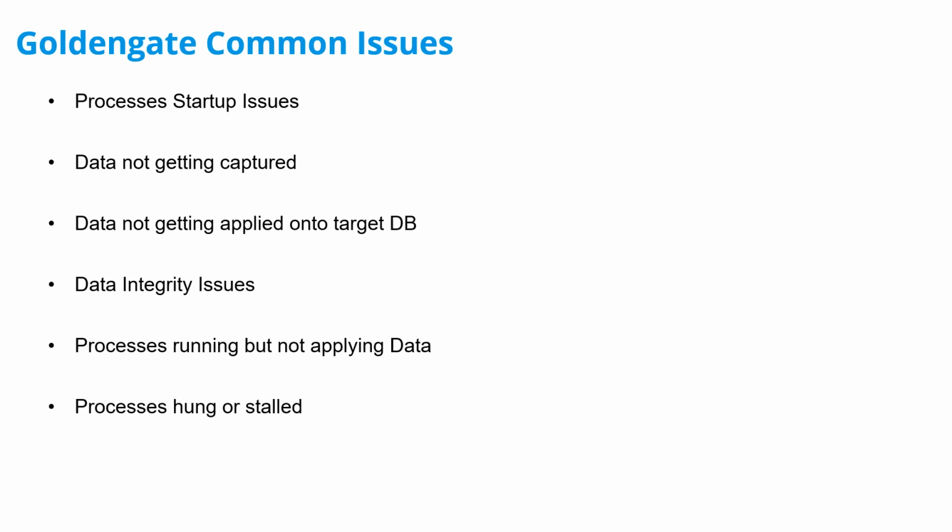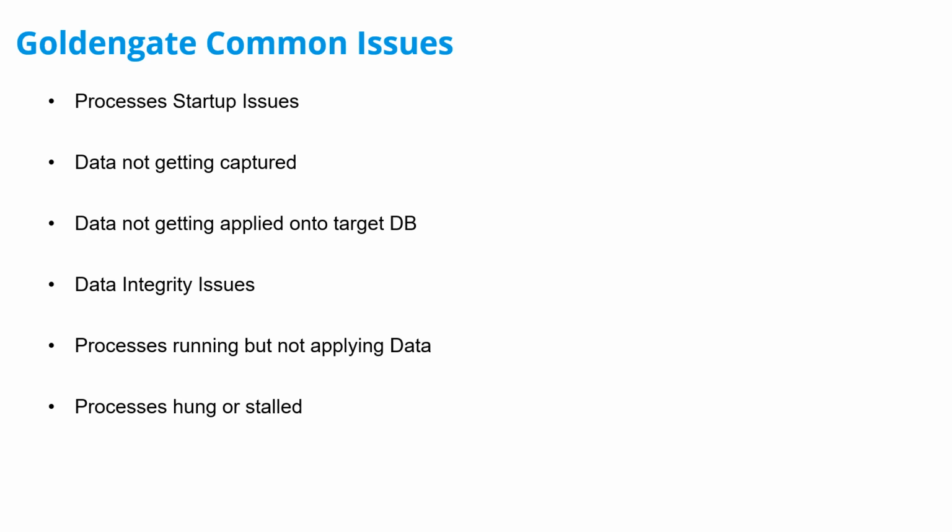The processes may be running, but they're not applying the data. When you do info all in the GoldenGate environment, it shows that all the processes are running, but you are not able to apply the data.